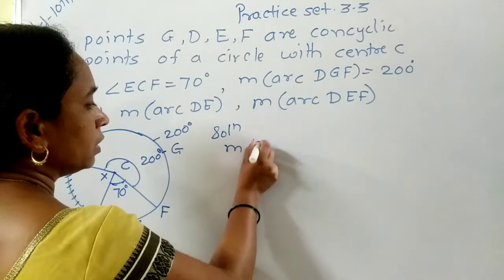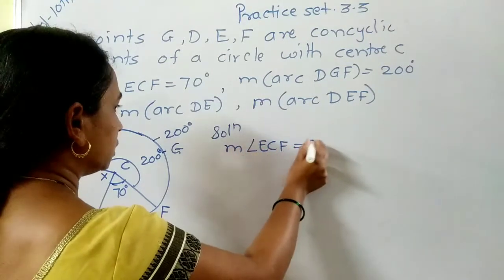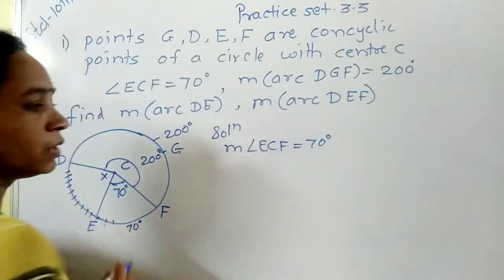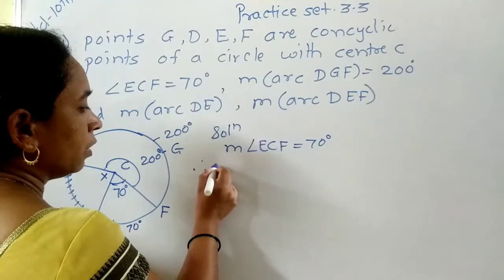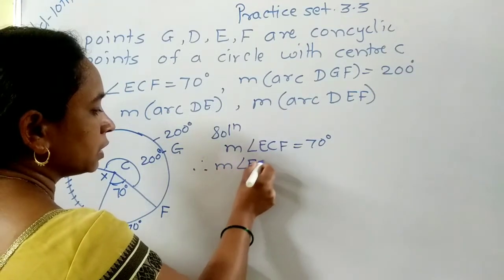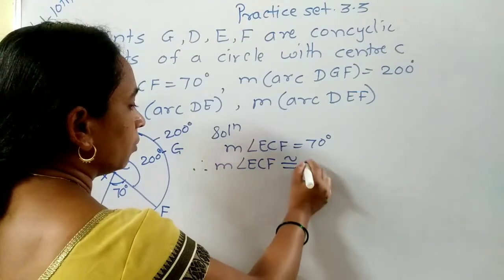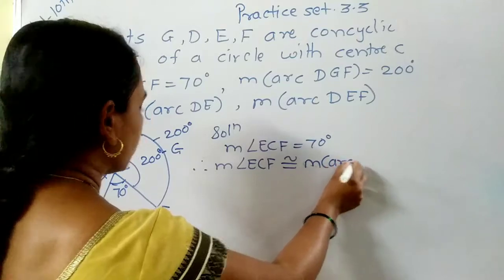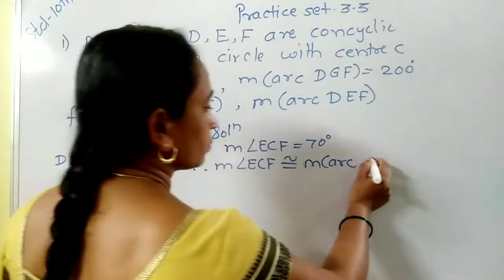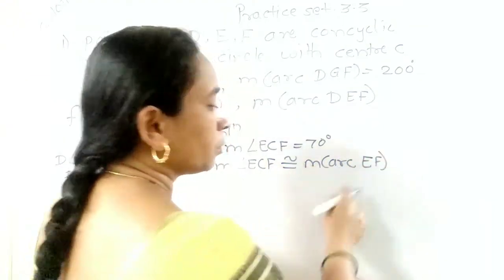Solution: measure of angle ECF is given as 70 degree. Therefore measure of arc EF is congruent with it. What is the property here?